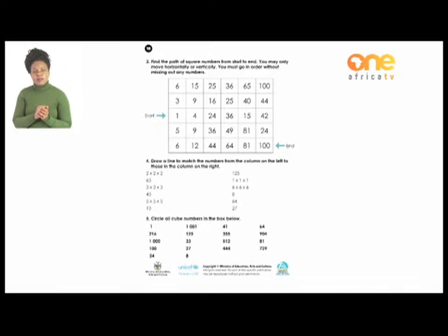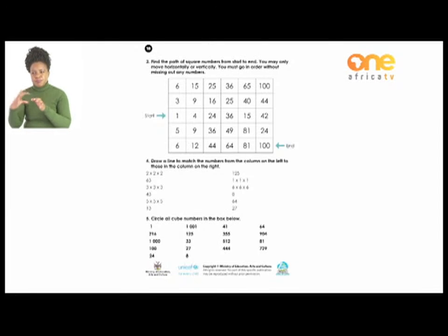The second one, if you have 63, what could be the answer? 3 times 3 times 3. We have 43, we have 5 times 5 times 5, and 13. So match the correct numbers which are corresponding.